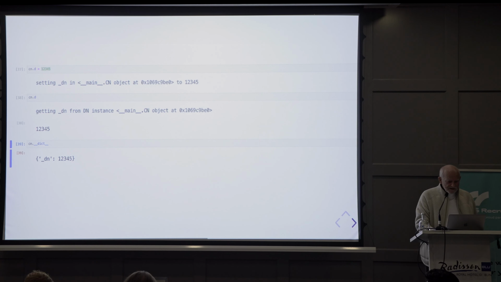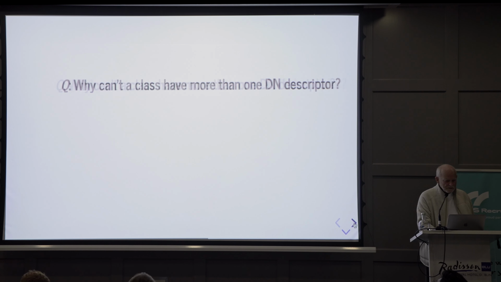So if I look inside the instance's dictionary, then I see that there is indeed a value called underscore dn, and it does have the value 1, 2, 3, 4, 5, and that was written by the descriptor protocol.